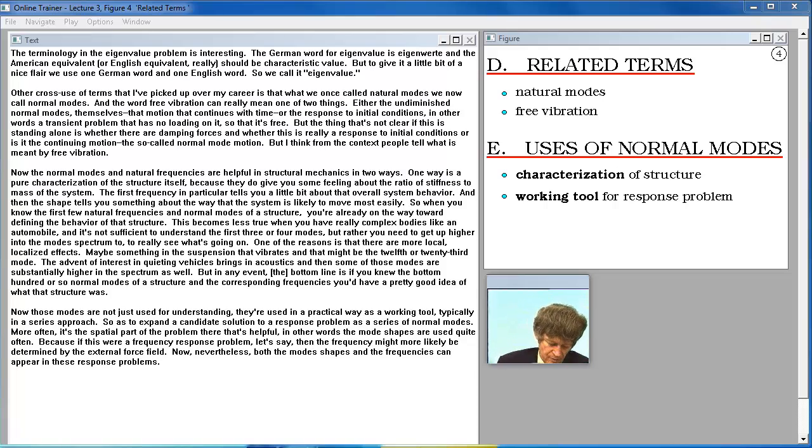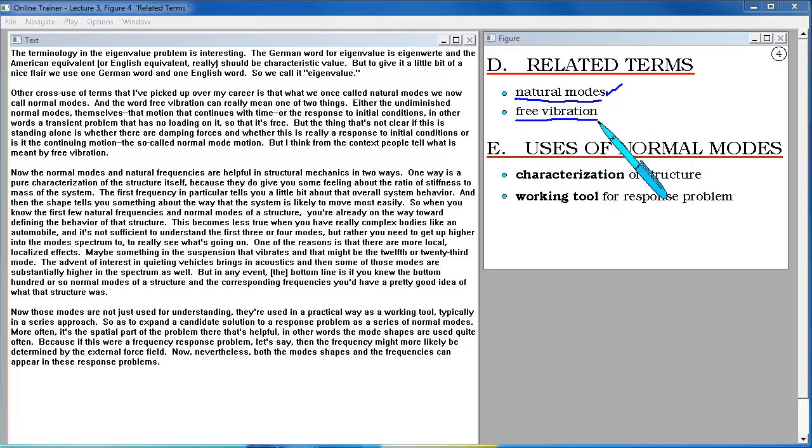Other cross-use of terms that I've picked up over my career is that what we once called natural modes, we now call normal modes. And the word free vibration can really mean one of two things: either the undiminished normal modes themselves, that motion that continues with time, or the response to initial conditions.